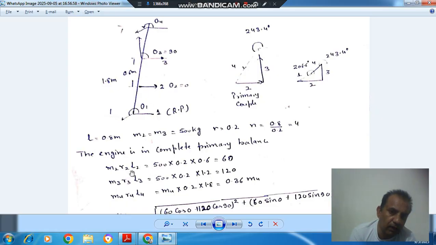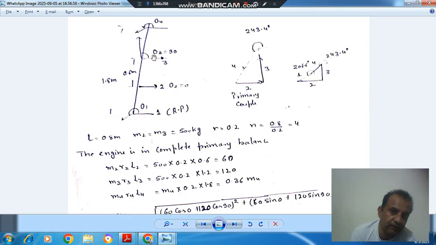So M2 R2 L2, or we can say the moment of the primary force caused by 2 divided by angular speed square, is your 60, taking 1 as reference. Similarly, M3 R3 L3 will be 500 into 0.2 into 1.2, so that will be 120.